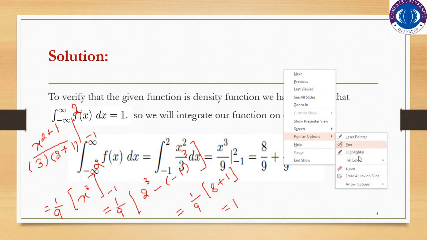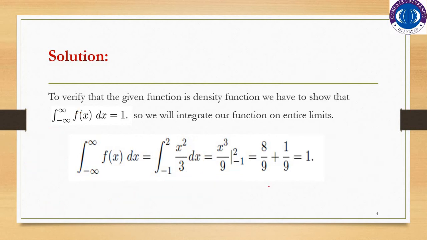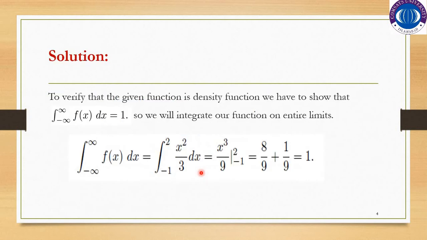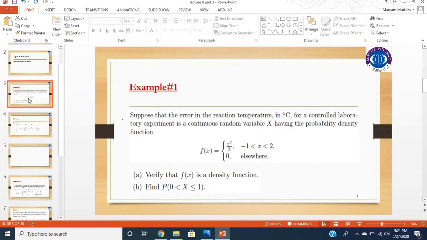So, by this way, we can find out part number B by integrating the complete function between 0 and 1.